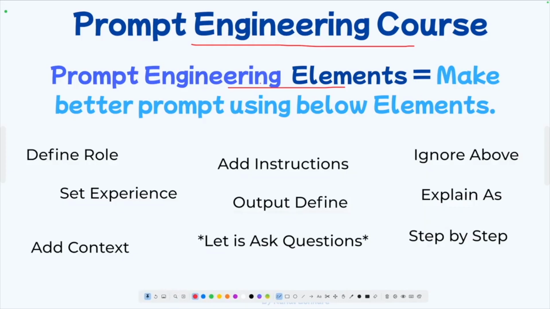Now what are these prompt engineering elements? So guys, these elements basically help make a better prompt. Whenever you use these elements, they will help you make your prompts better. So you can use all of them. The first one is define role.